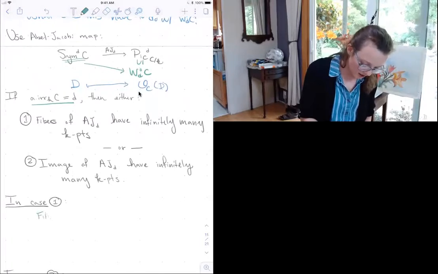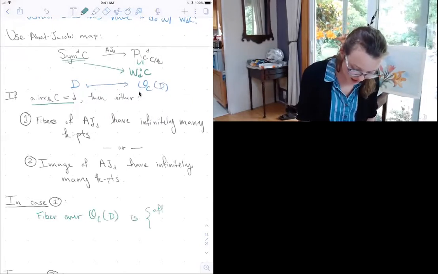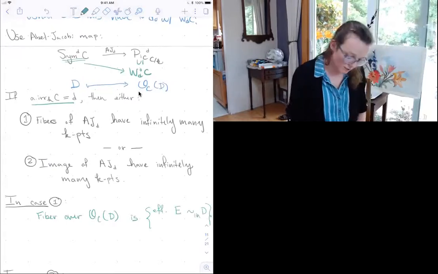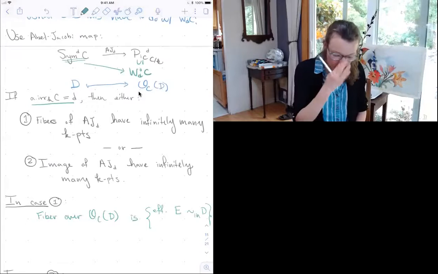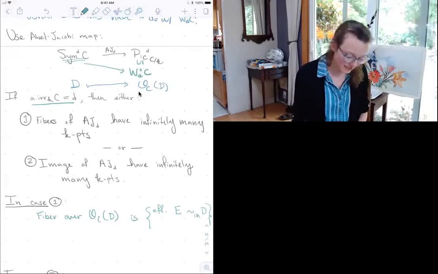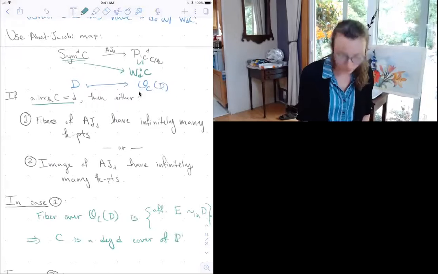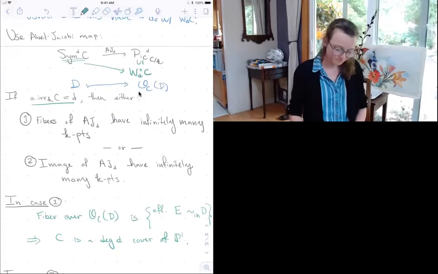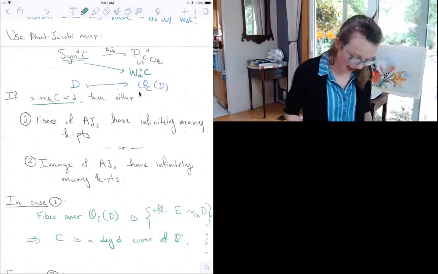The fiber over a line bundle O_C(D) is the effective divisors E that are linearly equivalent to D. In other words, it's the complete linear system of the line bundle O_C(D). And so having infinitely many rational points means that C is a degree d cover of P^1. You have this non-trivial linear system.